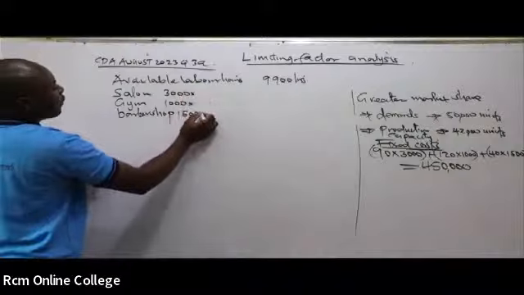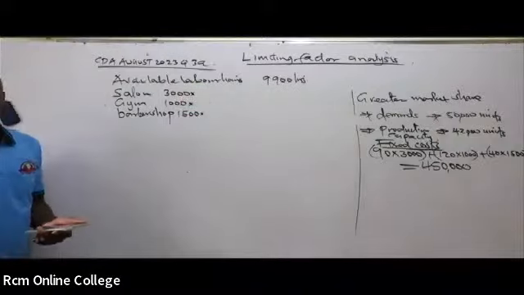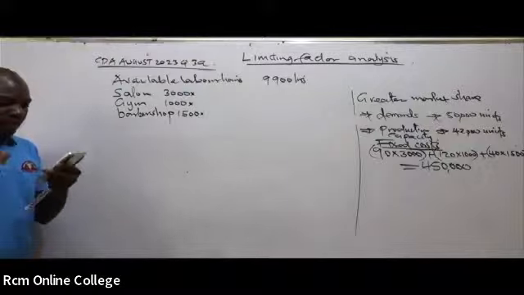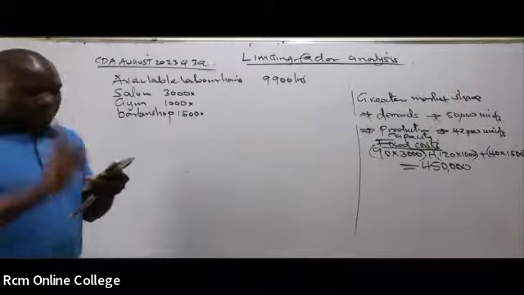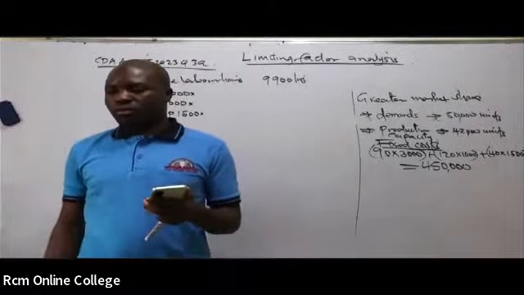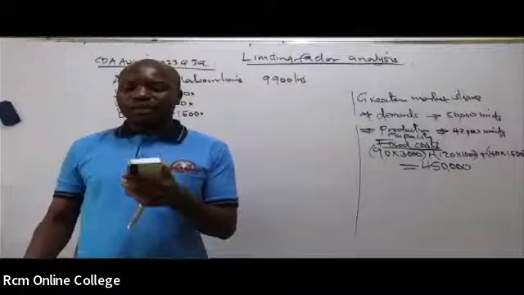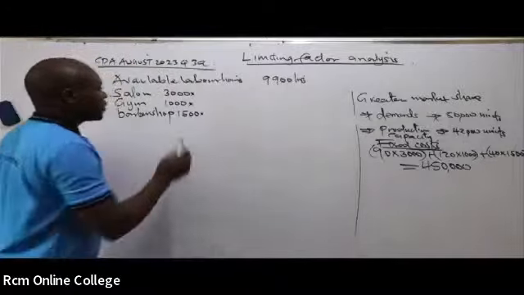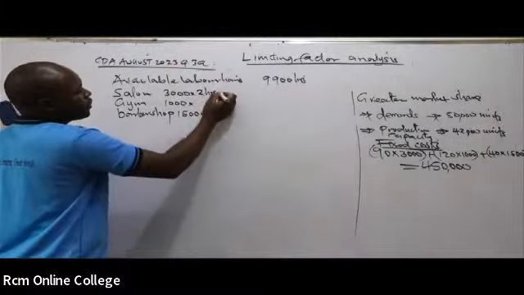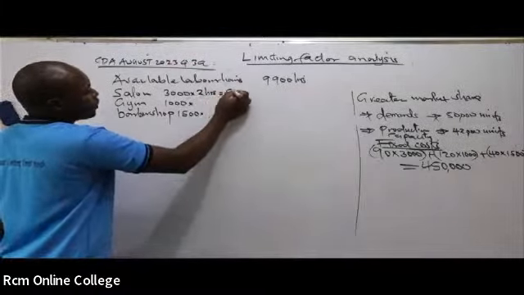How many labor hours are needed for each of the three services? Good. In the salon, how many labor hours do we need to serve a client? 2 hours. All right. So times 2 hours, that will give me 6,000 hours.